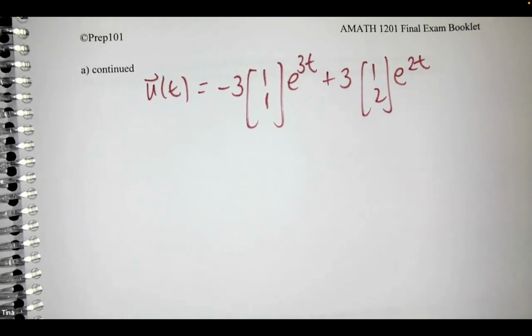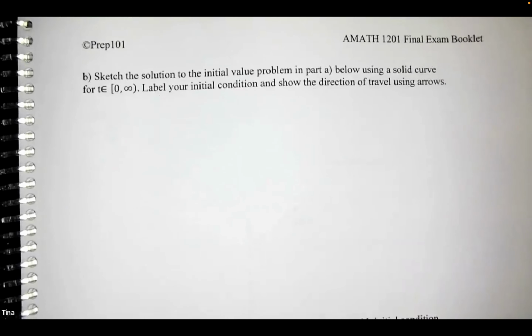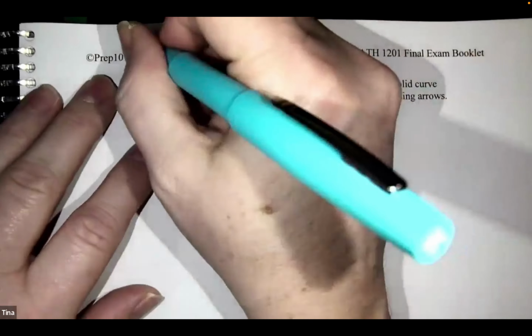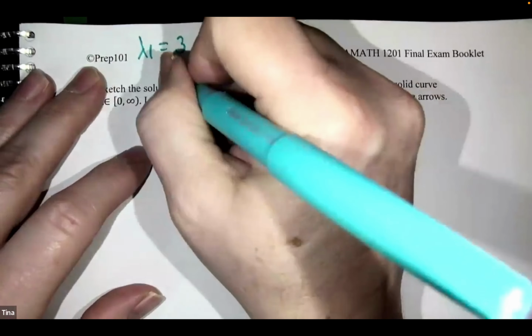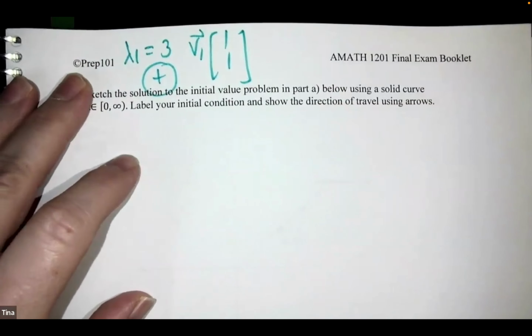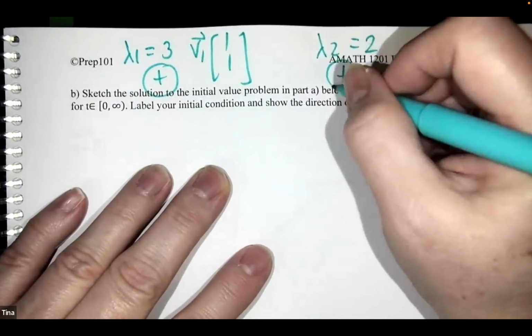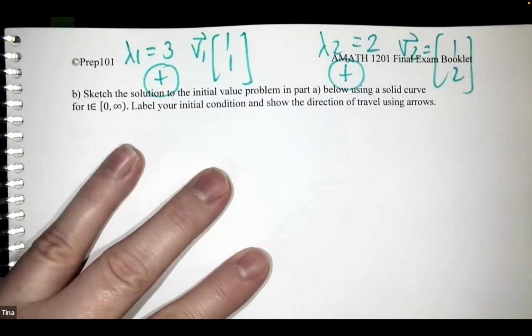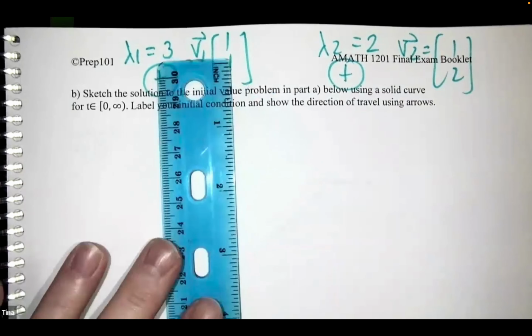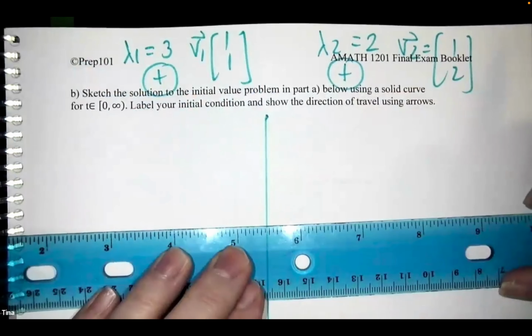So, well, in terms of our eigenvalues, let's do that first. So if lambda 1 is 3 and v1 was (1, 1), that one's a positive. And if lambda 2 was 2, that was also positive. And v2 was (1, 2). So, quick sketch, let's see here.